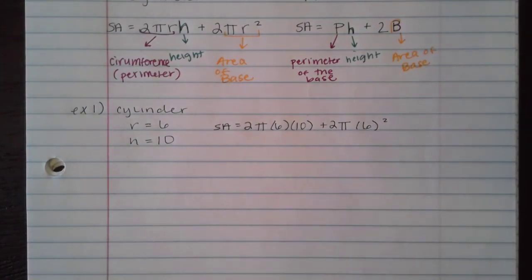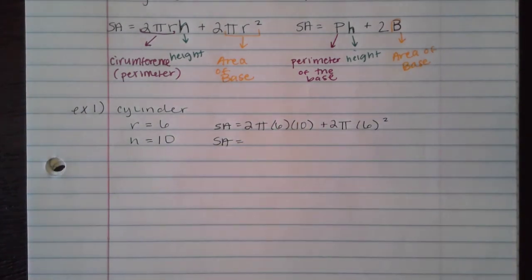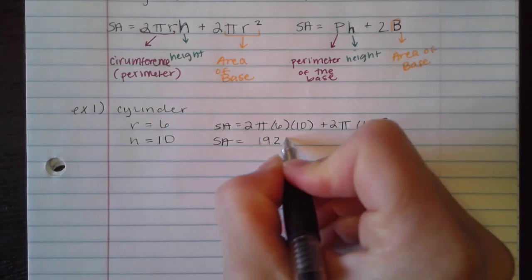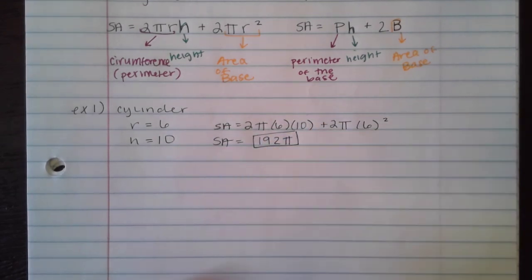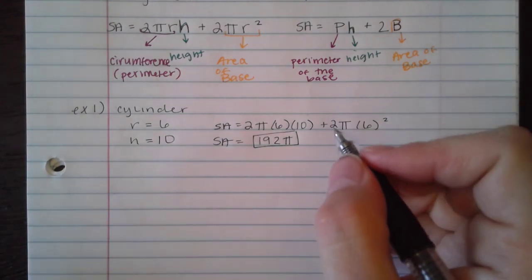Take a moment to type that all in your calculator. I am going to ask you for 2 different answers right now, but on your assignment I'd only ask for one. In this case, the surface area is 192 pi. That is your exact area, something none of us can argue about.